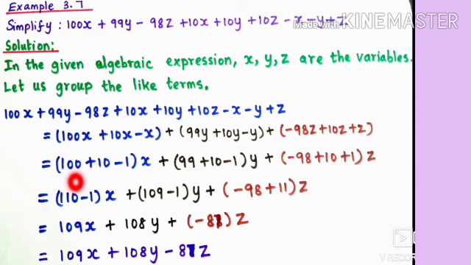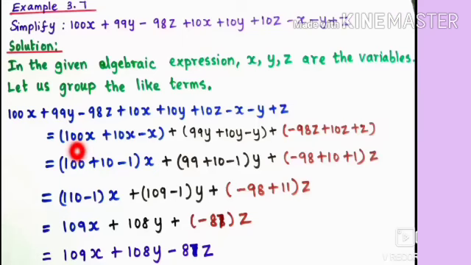So we arrange like terms separately in an algebraic expression. So in the next step, we know that when we add or subtract algebraic terms, we have to add or subtract the coefficients alone. So here in the x term, we have to add and subtract the coefficients.